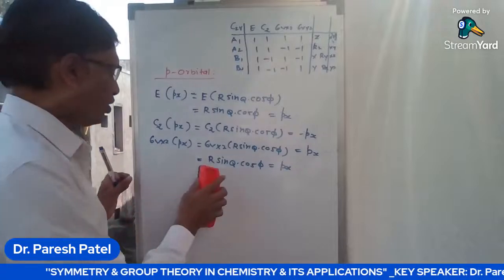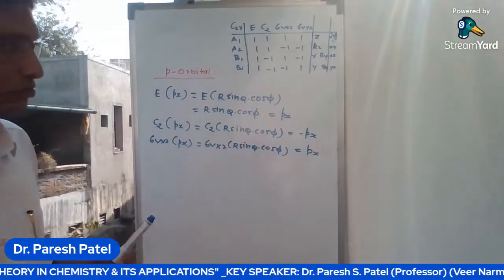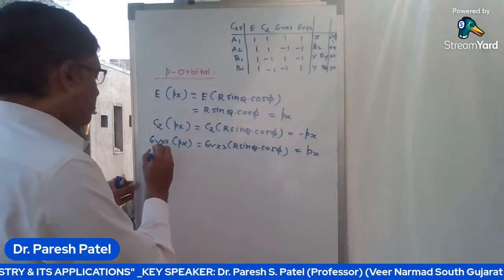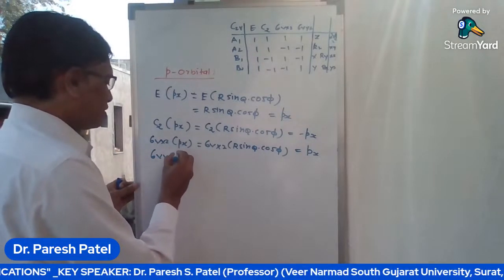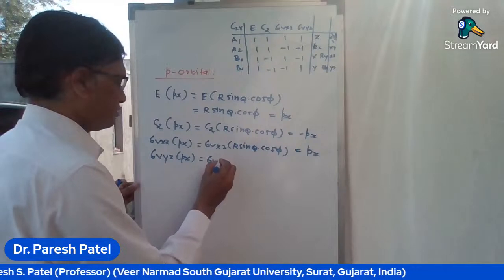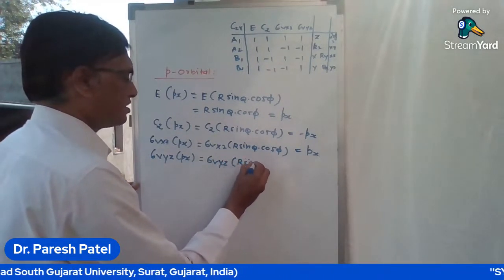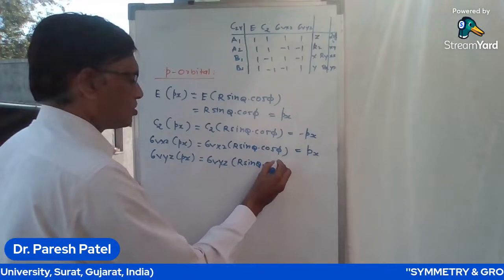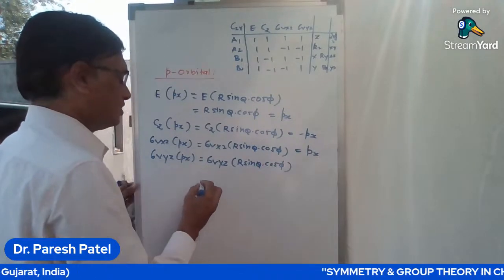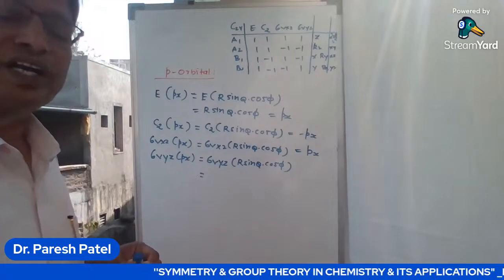Next one, if we operate the sigma v yz symmetry operation on px, sigma v yz on r sin theta cos phi. We know that the reflection is always at 180 degrees.